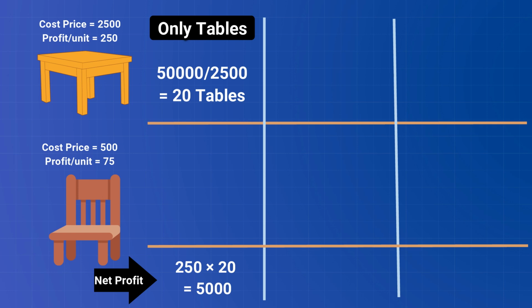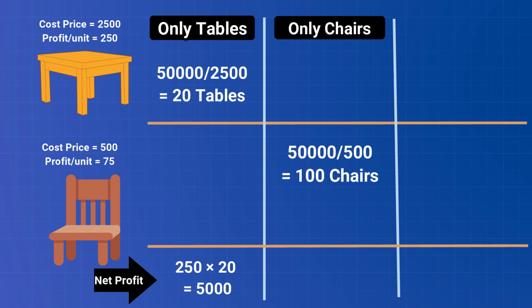Suppose he chooses to buy chairs only and no tables. With his capital of 50,000, he can buy 50,000 divided by 500, that means 100 chairs. But there is a storage constraint. He can only store 60 pieces.